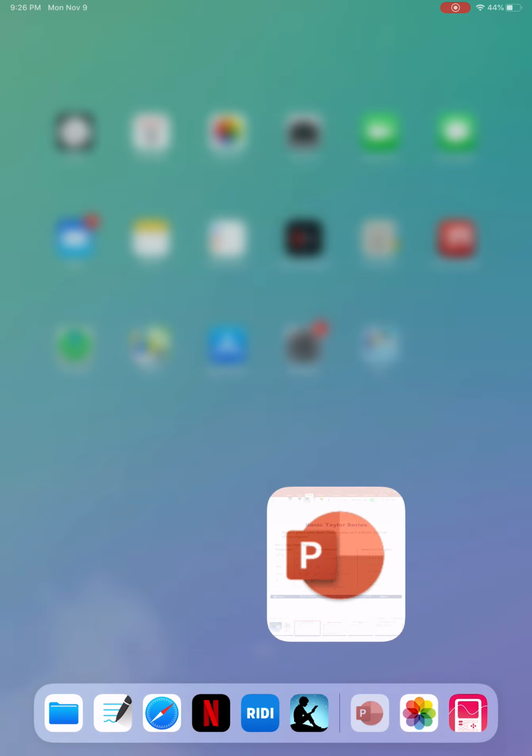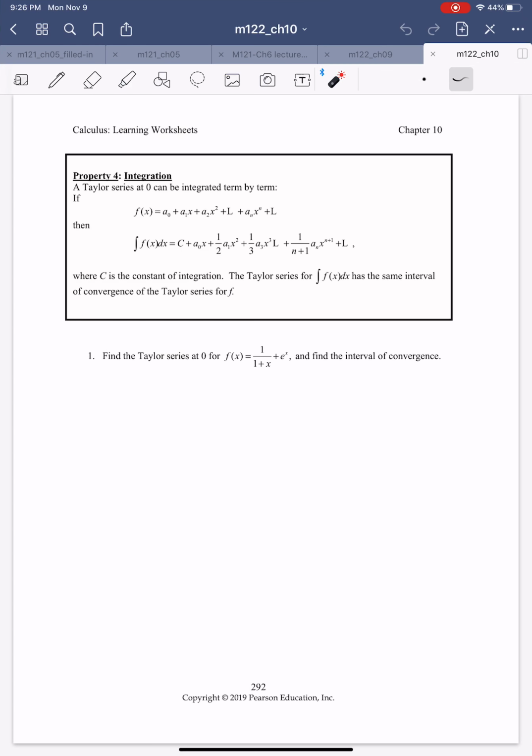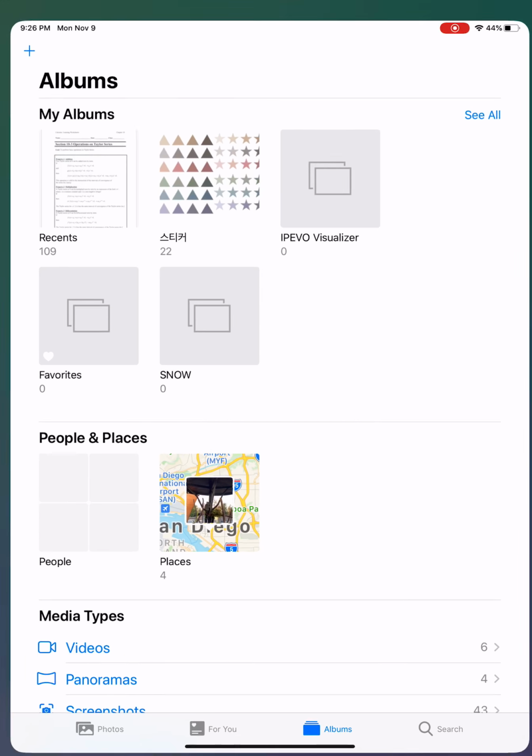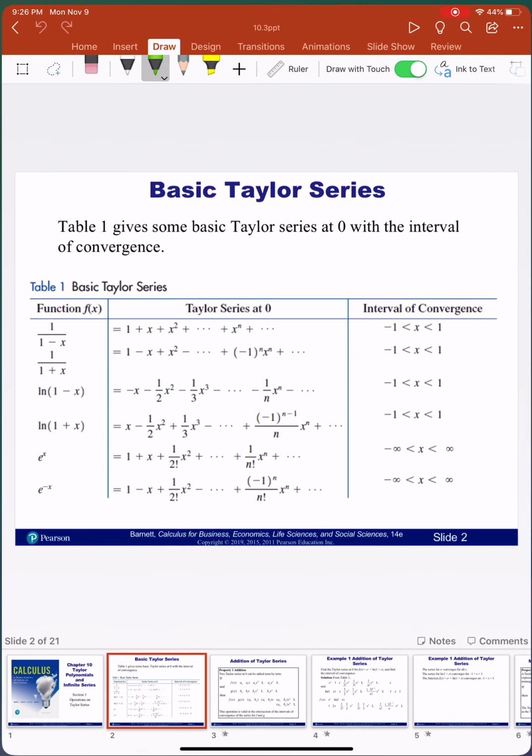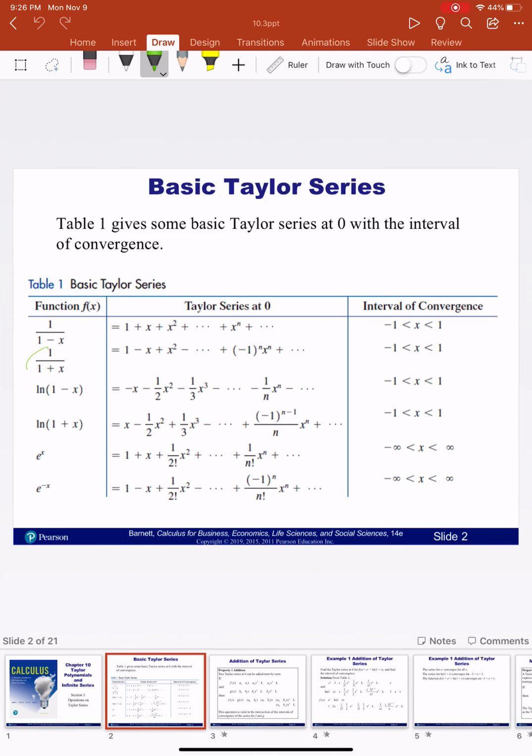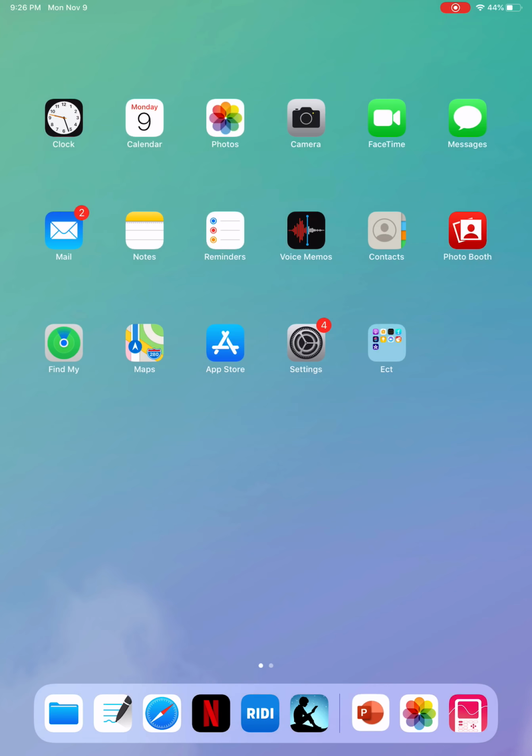This is what we needed, right? 1 over 1 plus x, so that's this one over here, and then e to the x. And we have the Taylor series already written down with the interval of convergence. So very convenient. So I'm going to use this table here.